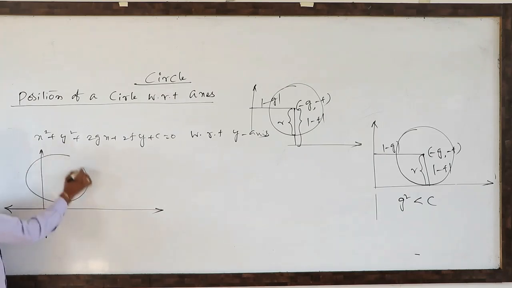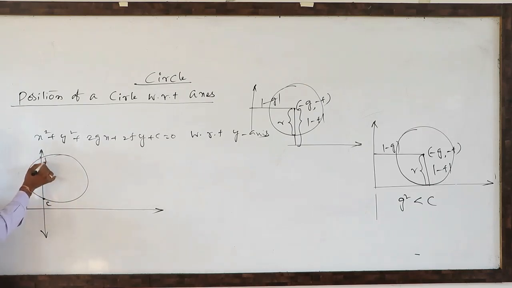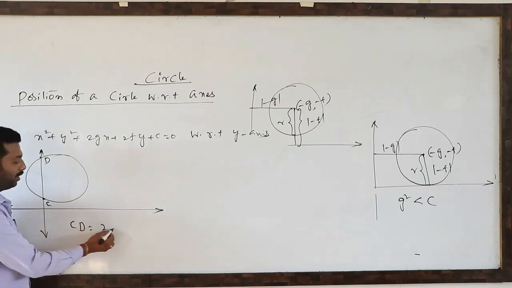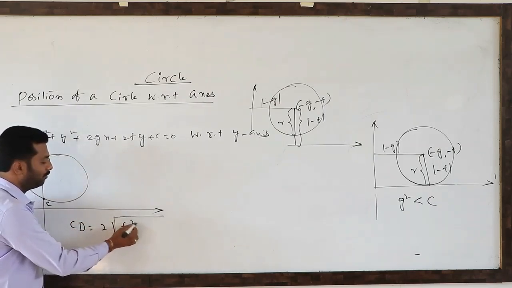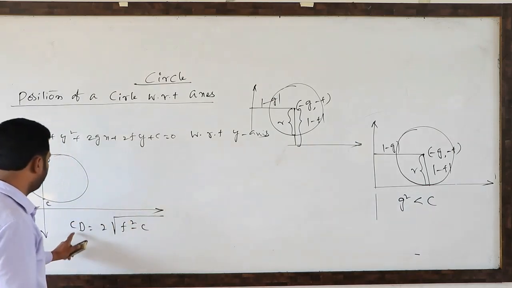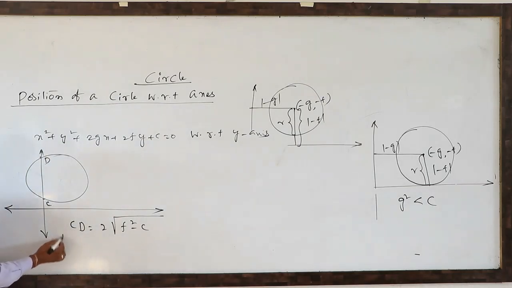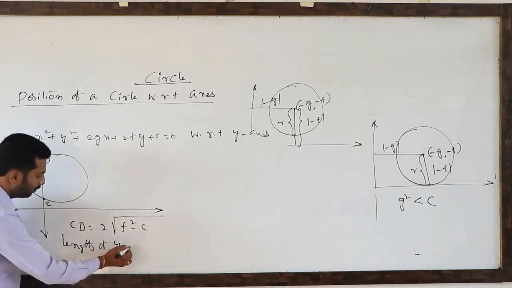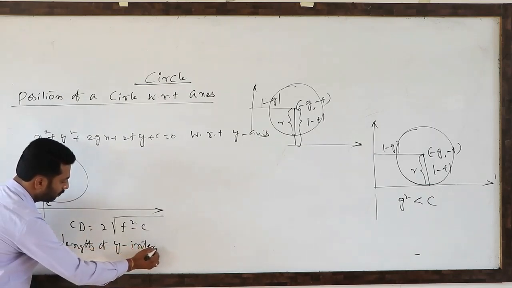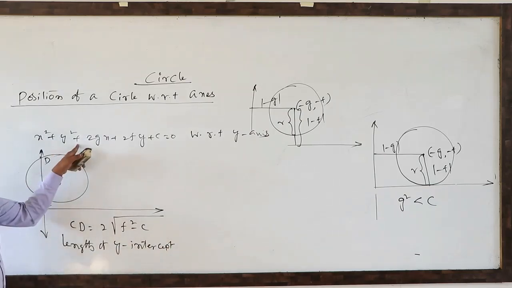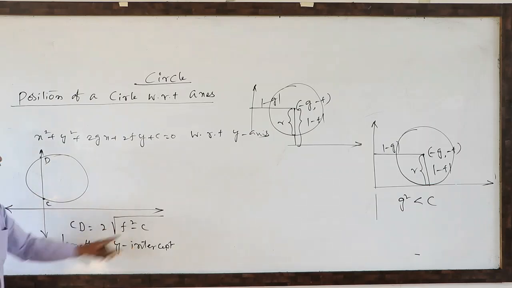If it meets the y-axis like this, it may intersect at two points C and D. So what is the length of the y-intercept? The length of the y-intercept is root of f square minus c. The proof we already solved previously. So the length of the y-intercept made by the circle is 2 into root of f square minus c.